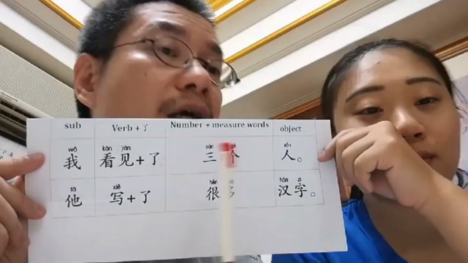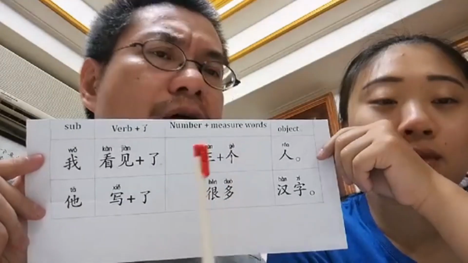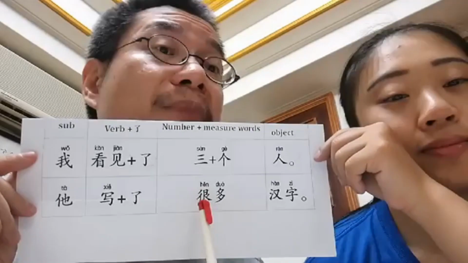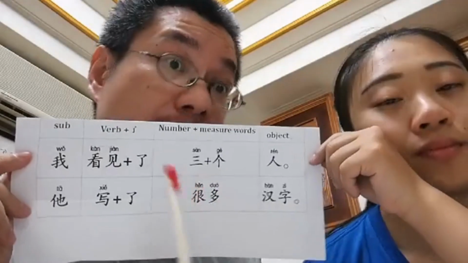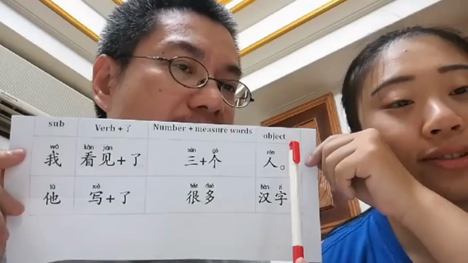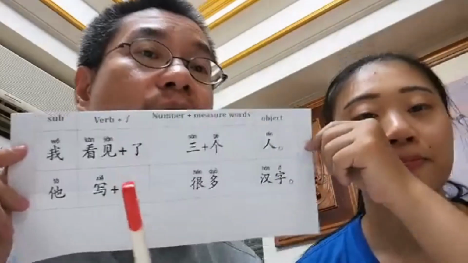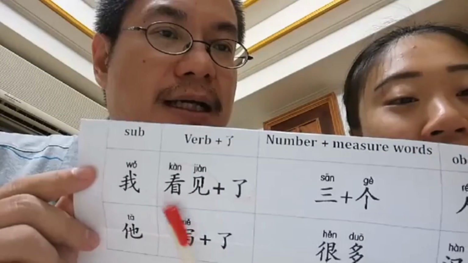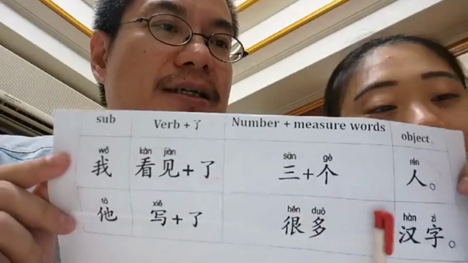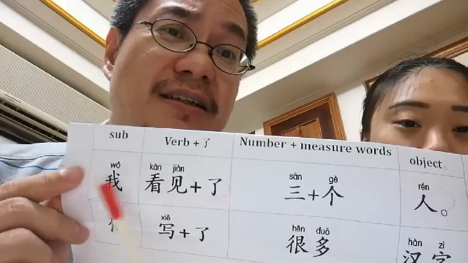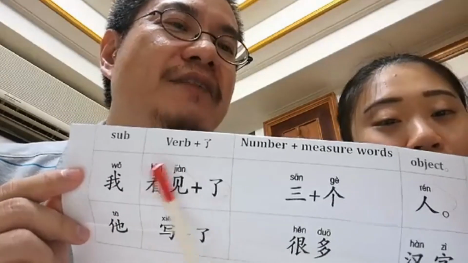Number plus measure word. Or adjective pronouns like 很多, like many or a lot of. Then we need an object. Let us give you one example sentence. 我看见了3个人. Abby, where is the subject? 我. Good. Where is the verb? 看见.